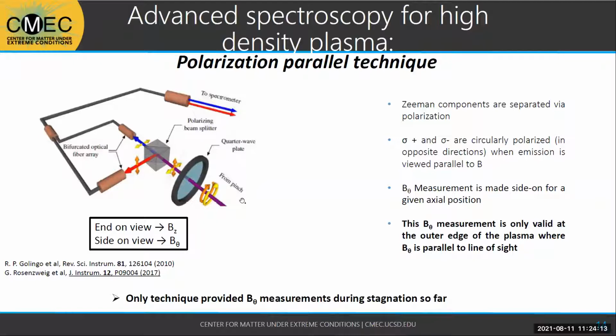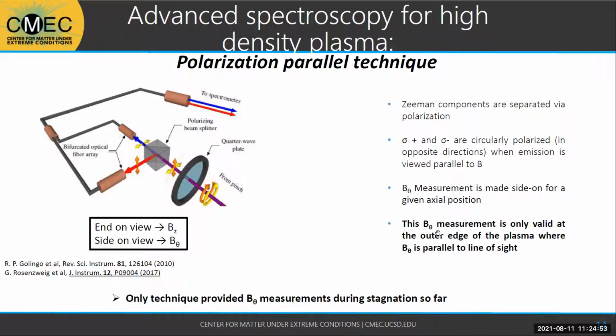They're circularly polarized, so you can pass them through a wave plate to make them linearly polarized, then send them through your beam splitter and onto your spectrometer, and get a measurement of magnetic field by comparing the spectral locations of each of those lines. Once again, if you're looking end-on, parallel to the z-axis, you can measure BZ using this technique, and looking side-on, you can measure B theta. This is the technique that I have focused on, and what I've been using in both experiments.